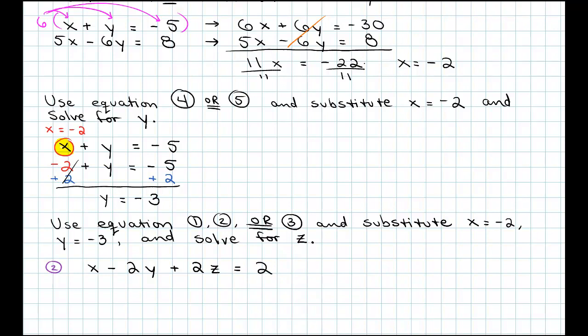Instead of x, I'm going to put negative 2. Instead of y, I'm going to choose to substitute negative 3. So let me go ahead and substitute there. Negative 2 here, and negative 3 for y. And now I'm ready to solve for z.